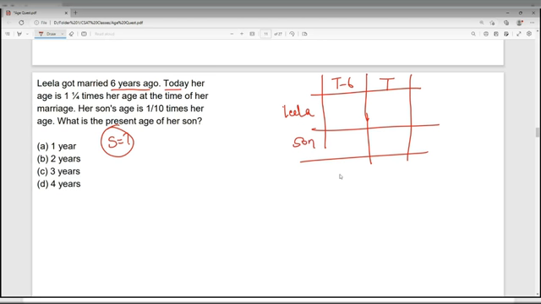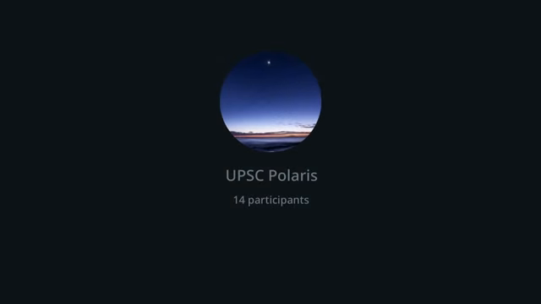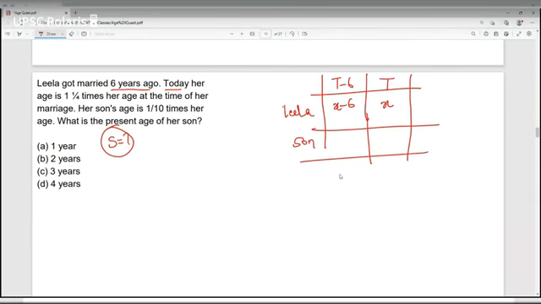So what they're saying is, Leela's age today is 1/4 times her age at the time of her marriage. The marriage happened 6 years ago. So let today's age of Leela be X. So her age 6 years ago is X minus 6. Today's age is X, equal to 5/4 of X minus 6.